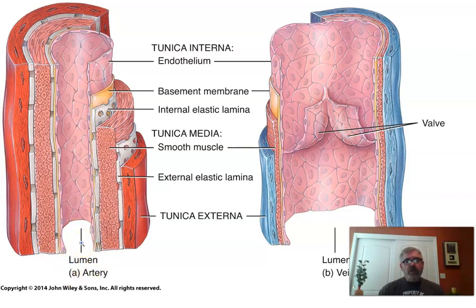And then we have 3 layers to the wall of the blood vessels. First one, starting on the inside and working our way out, we have the tunica interna, the internal layer. It consists of the endothelium, and this is an important term here. Endothelium is the inner lining of the blood vessel. It's consistent with the endothelium, the inner lining of the heart.